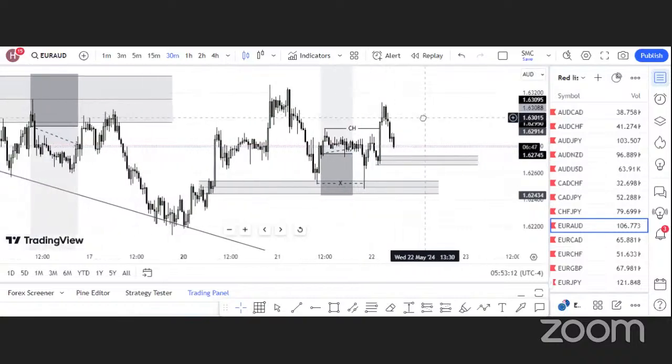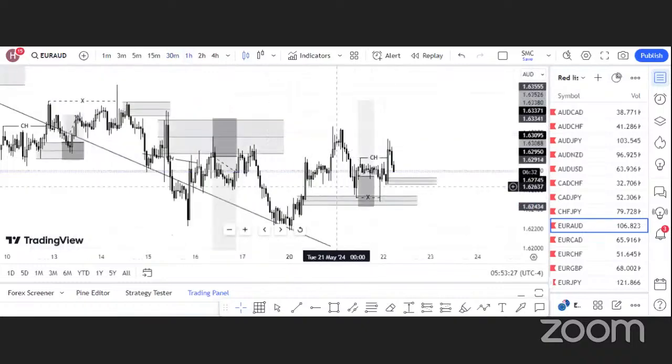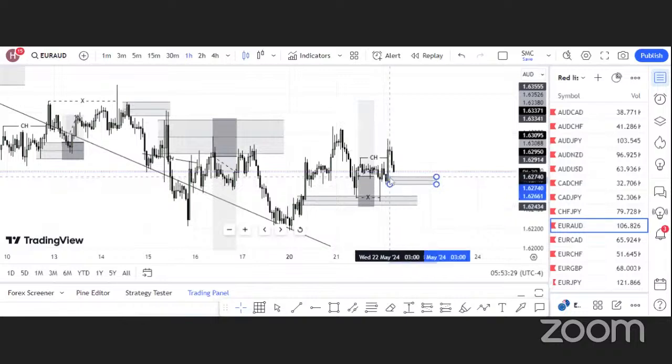Okay, so we have 6 minutes and a few more seconds to the end of this candle. So hopefully the candle will get here before the end. Okay, so on the 1 hour time frame, I think we can increase this a bit.